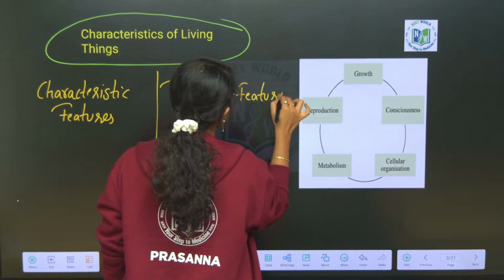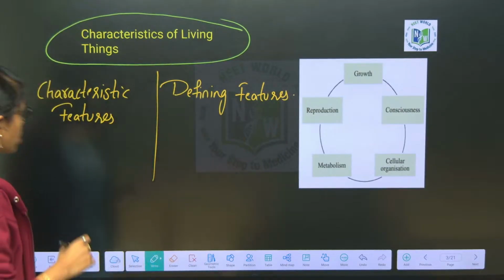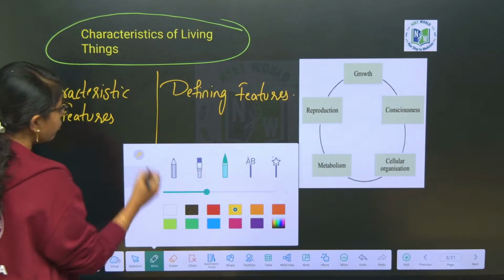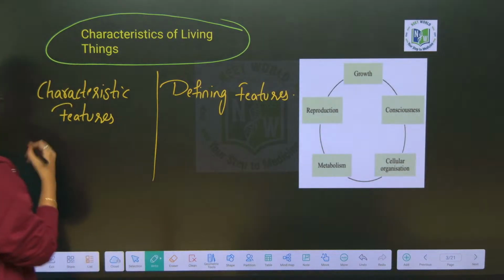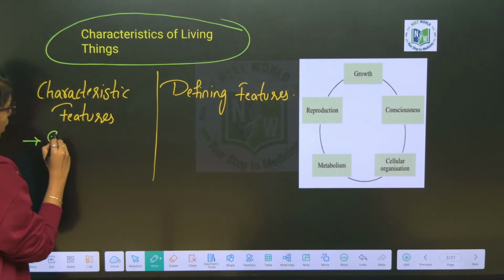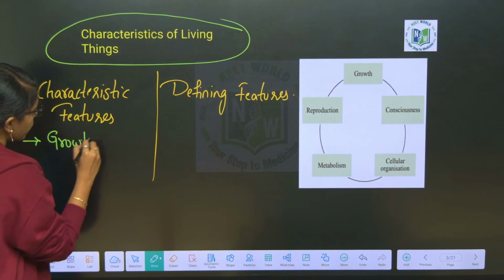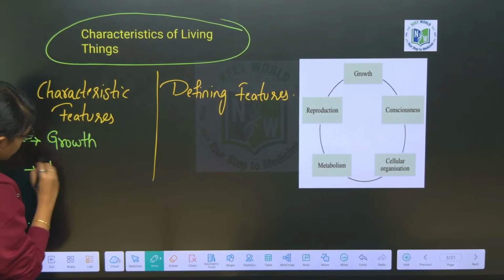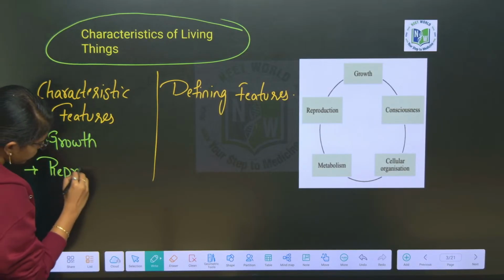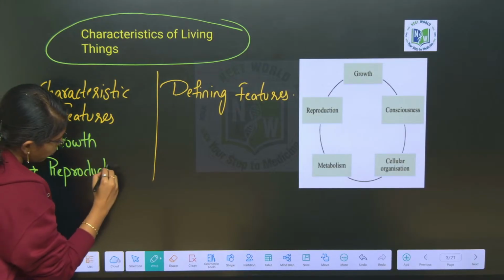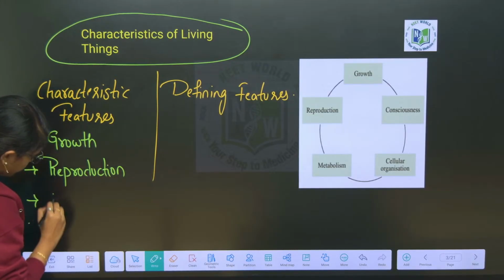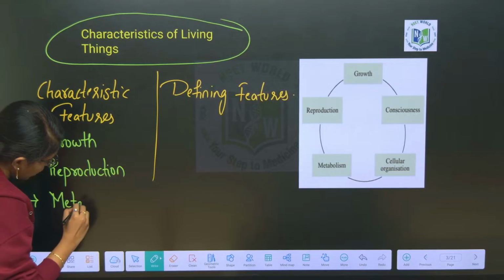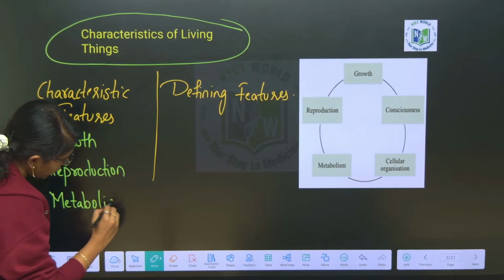If we see characteristic features of living, we have growth, reproduction and metabolism. These are the characteristic features of living.